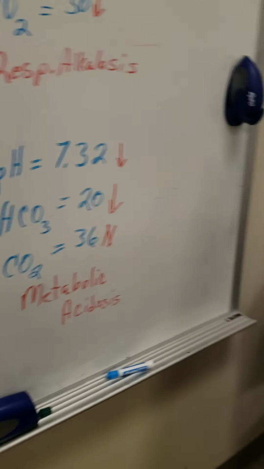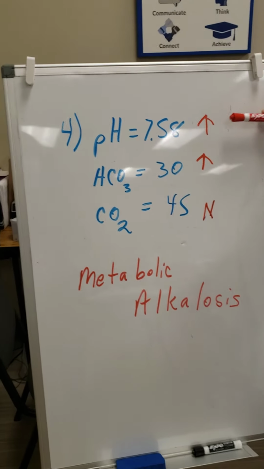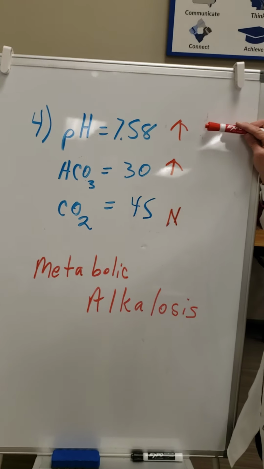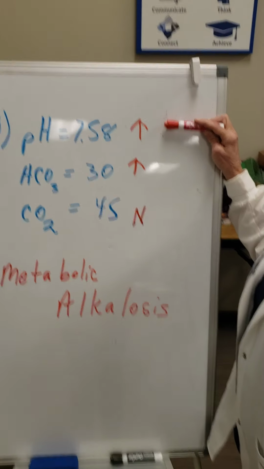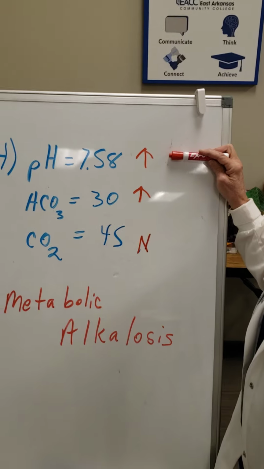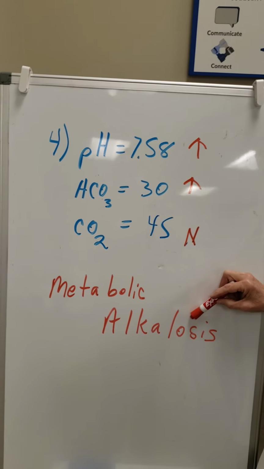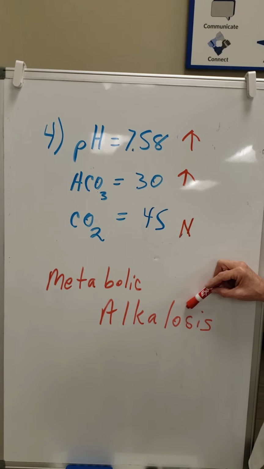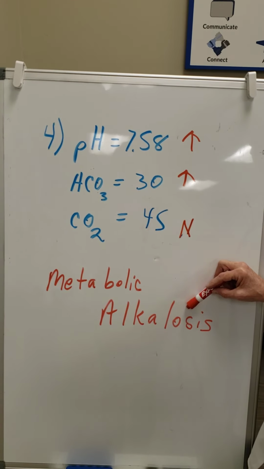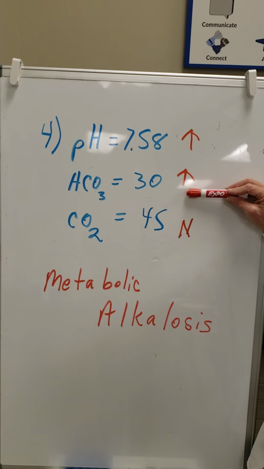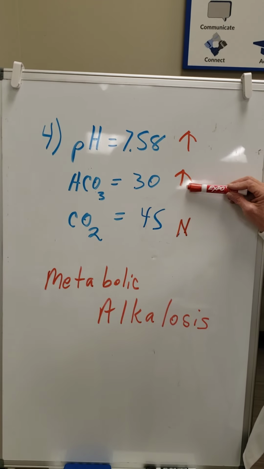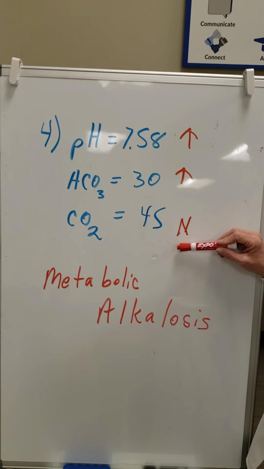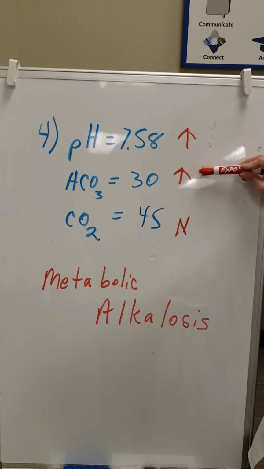Now let's look at our final problem. Our pH is 7.58. It's above 7.45, so it's alkalosis. But is it respiratory alkalosis or metabolic? So we have to look at our other two components. It's like a puzzle that you work out. Our bicarb level, normal is 22 to 26, so this is elevated. Our CO2 is normal.